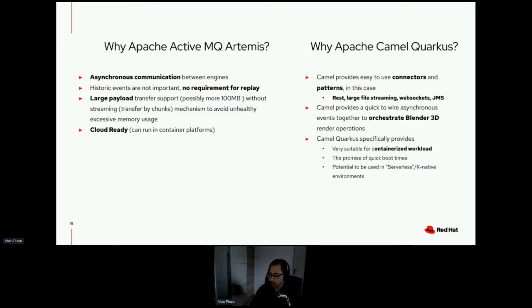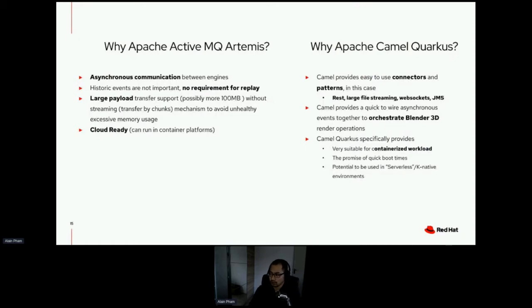But what actually was the main reason I chose Artemis is because it is actually able to handle large payloads, right? So these blend files, they could go up to like 400 megabytes or so. The one that I will be using in the demo today is actually around 70 megabytes. So that's a huge workload if you see it in terms of messages to be vehiculed through the messaging infrastructure.